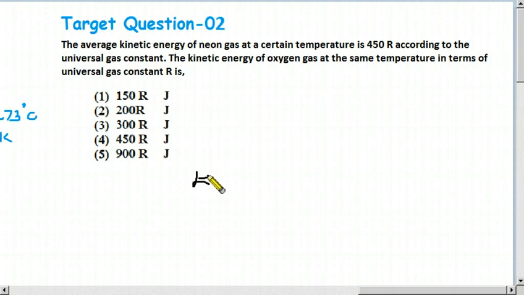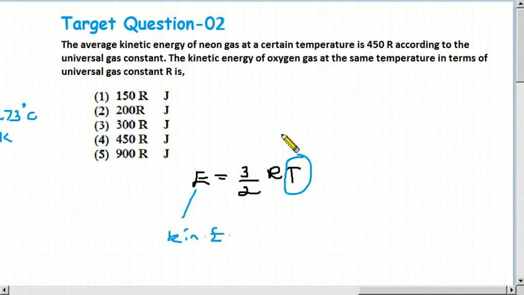We have to use the same equation, 3 divided by 2 RT. Whatever the gas, the nature of the gas doesn't affect the kinetic energy. Only the temperature influences the kinetic energy of a gas.